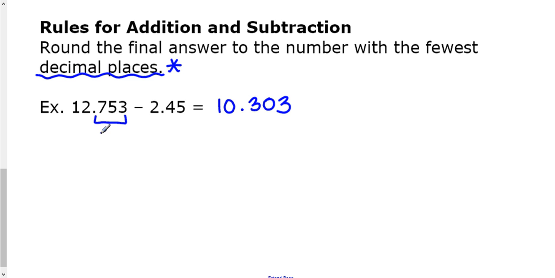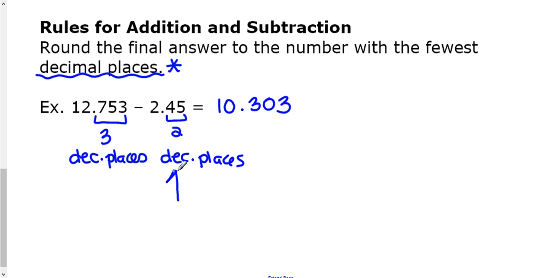Here in our first number, there are 3 decimal places. In our second number, there are only 2 decimal places. So which one has the fewest? This one here. It only has 2 decimal places. So when we go and round our number here, we want 2 decimal places.